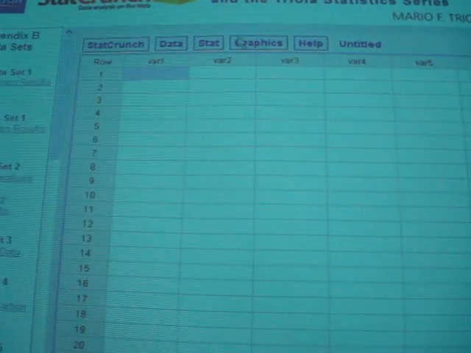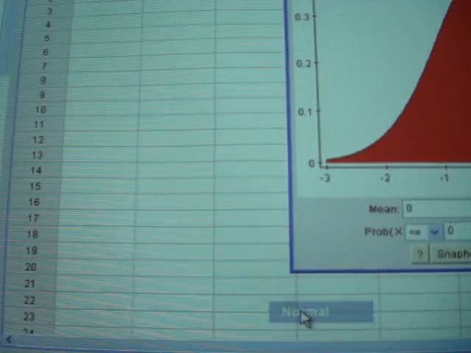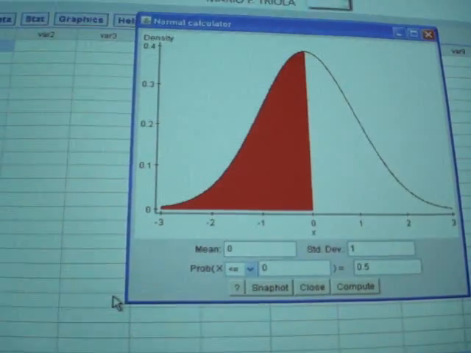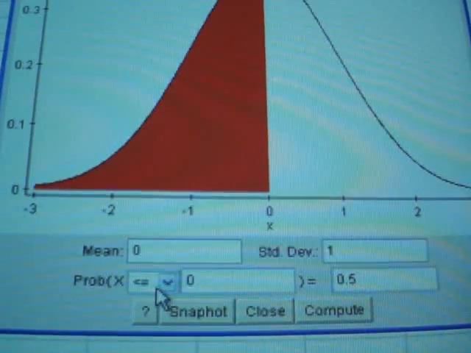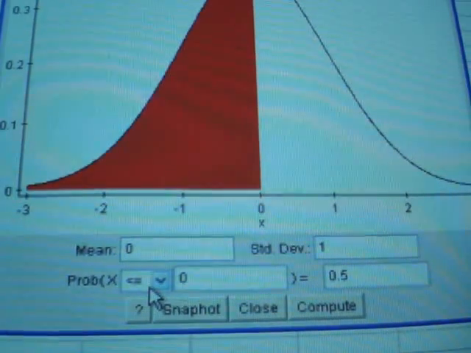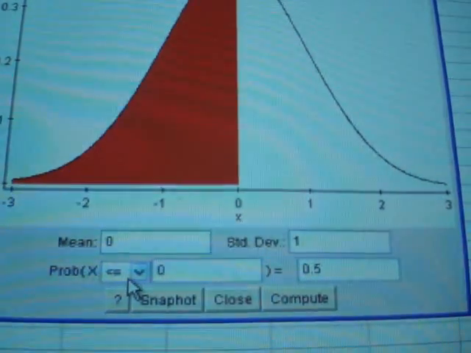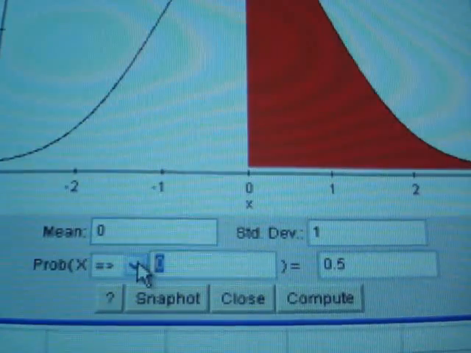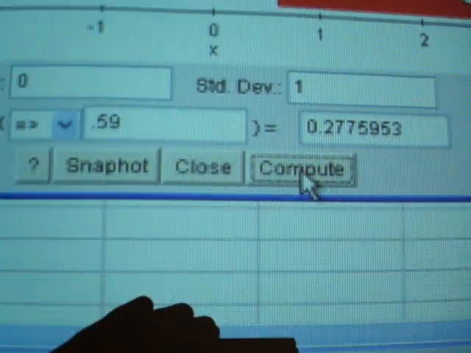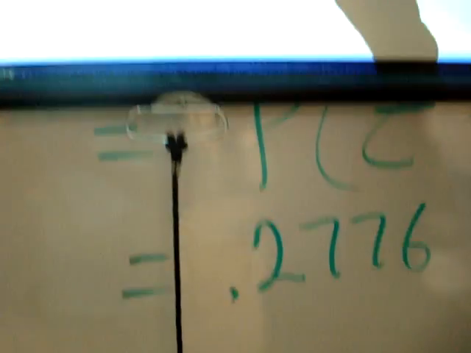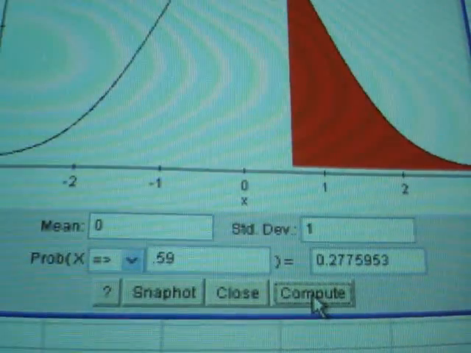So we'll go ahead and do Stat, Calculators, Normal. And if you put in a normal 0, 1 and you find the area greater than or equal to 0.59, we should come up with something pretty close to what we got out of the table in the back of the book, 0.2776. Here it's 0.277595, so that's pretty close to 0.2776, and that's where they got that.